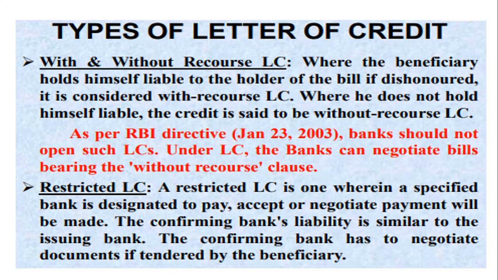Let's say there is a buyer and a seller. The buyer is supposed to make a payment to the seller, and the seller also has a bank, the seller's bank. This rarely happens, but let us discuss this context.